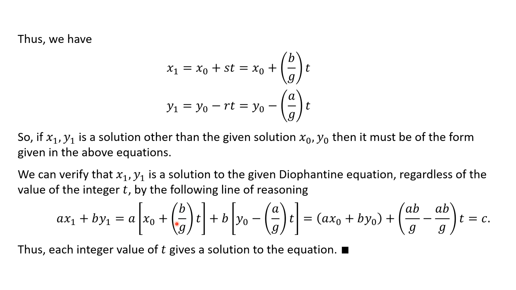Then the other term is ab divided by g times t minus ab divided by g times t. So these cancel, you get 0. We know that this is equal to c since it was from the original solution. And so ax1 plus by1 equals c. So we've shown that it is a solution, and we've shown the form that it's given by these two equations here.